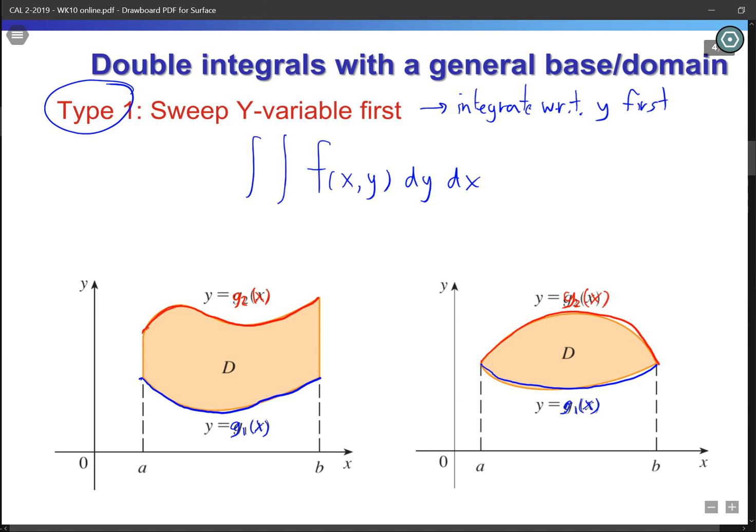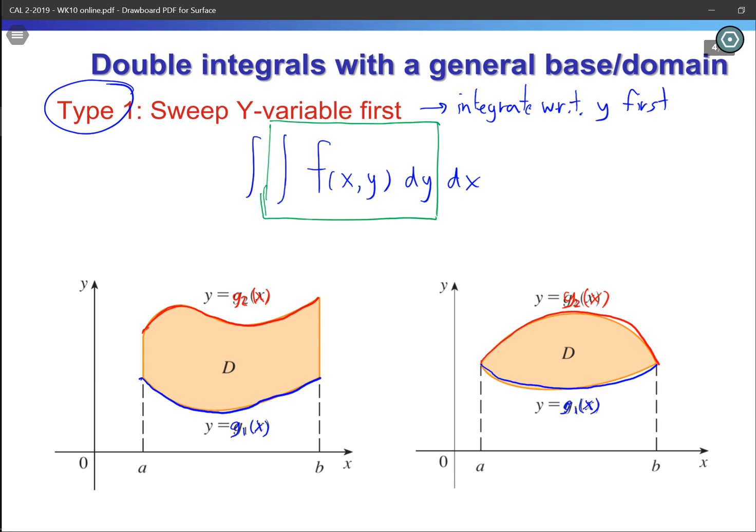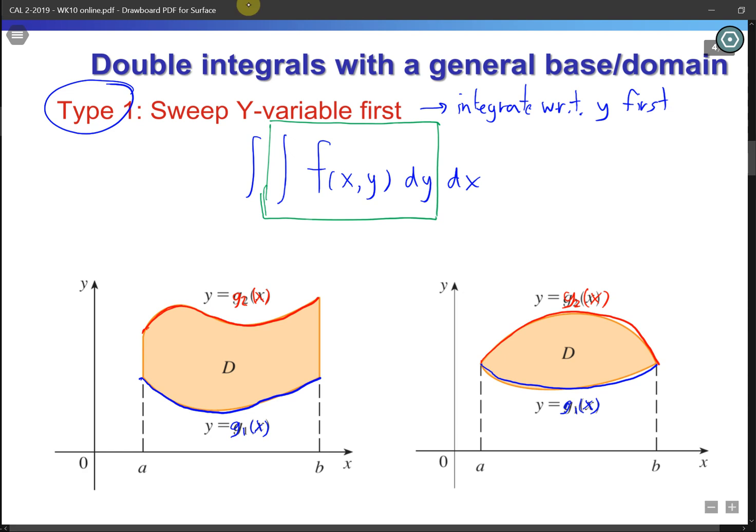The first integration with respect to y is about sweeping the y variable. If you look at the graph, this is sweeping y from this starting point to the end point up here. And once we are done, we are going to move on to sweep x.